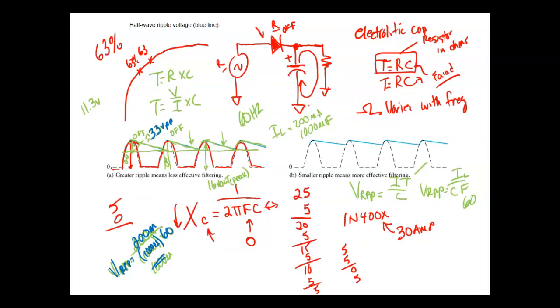No, it's I. Yeah, so the formula is V ripple P. What number is this on your formula sheet? Okay, 17. It's equal to I the load over the size of the capacitor in farads times the frequency in hertz.